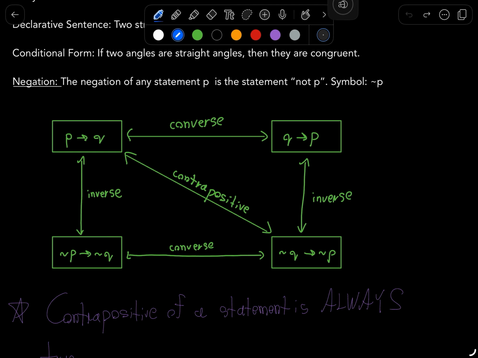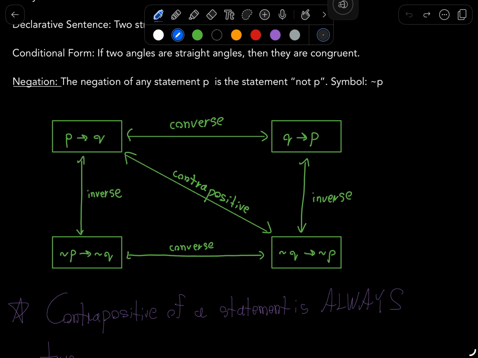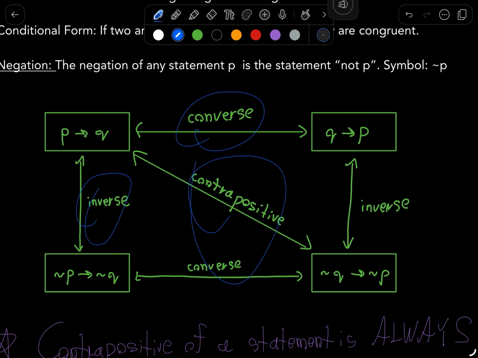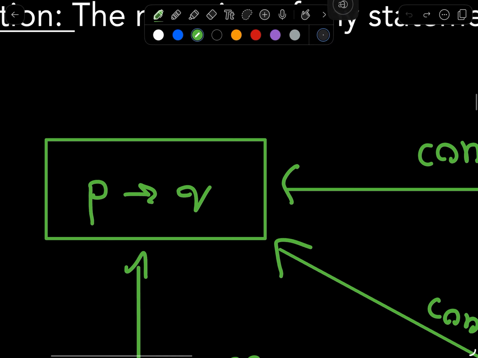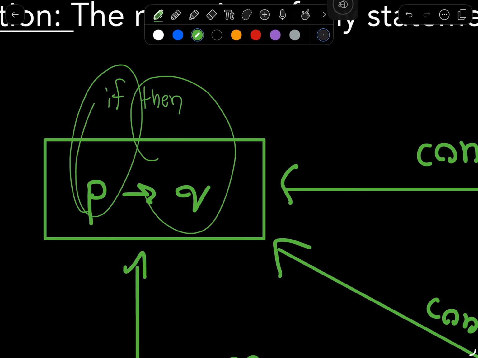Okay, now this is the most important part of this lesson. This is my PhD here. The reason is because you have to know certain relationships like inverse, converse, and contrapositive, which are actually pretty important to know. So let's assume you have a basic statement, P to Q. It's a conditional statement in if-then form. Just imagine that the P is the if and the Q is the then.